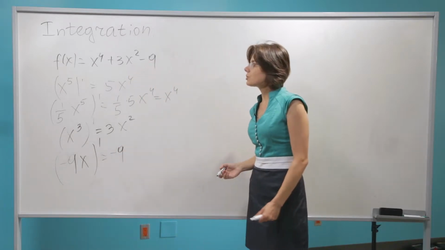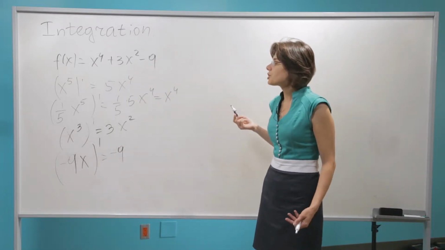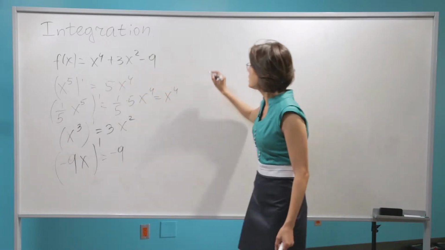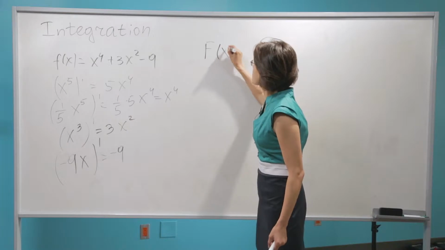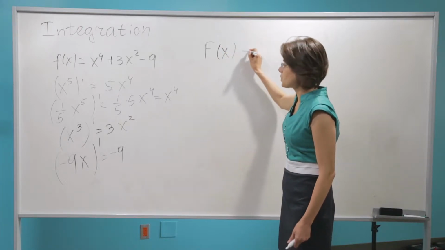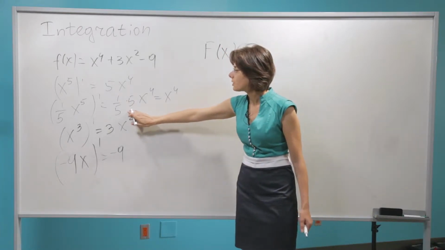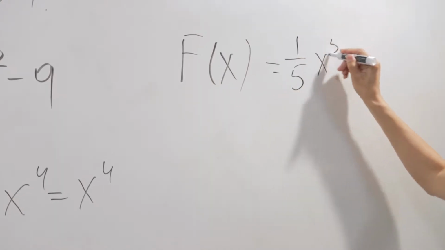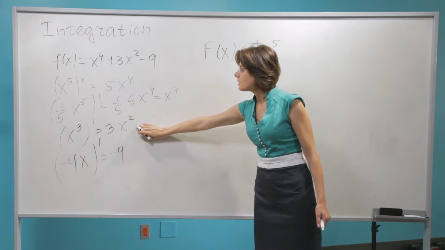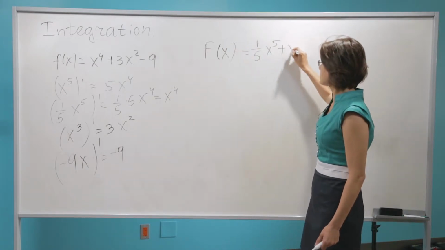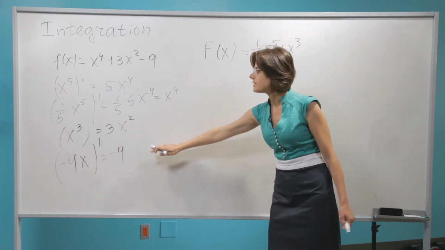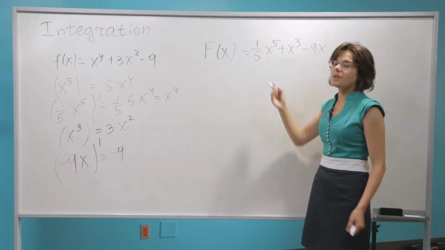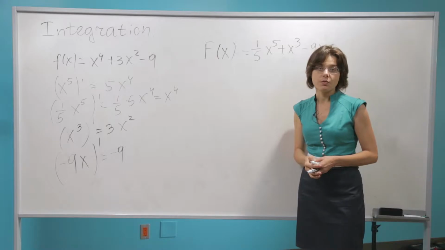So basically, in order to find which function we have to differentiate in order to obtain this function f of x, we have to find the following function, capital F of x, which would be 1 over 5 x to the power of 5 plus x cubed minus 9 times x. This function is called the antiderivative of function f of x.